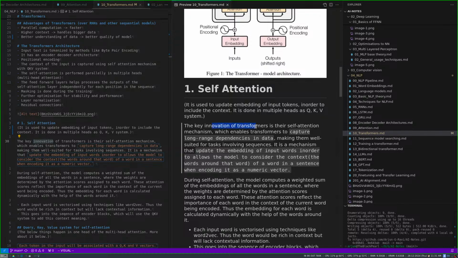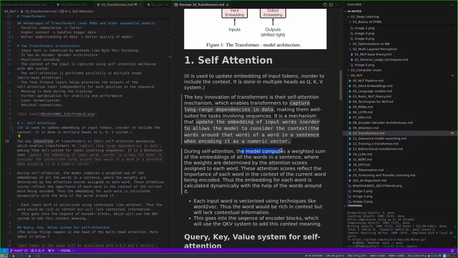The key innovation of transformers is the self-attention mechanism which enables the model to capture long-range dependencies in the data, making them well suited for modeling sequences. It is a mechanism that updates embeddings in order to allow the model to consider context.